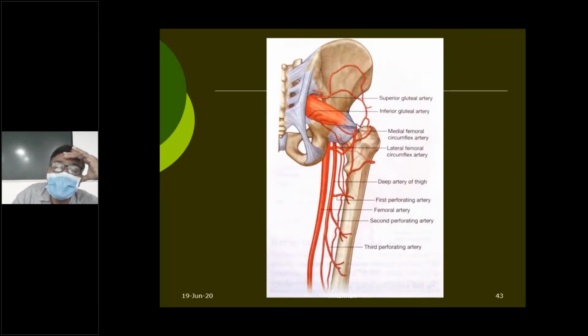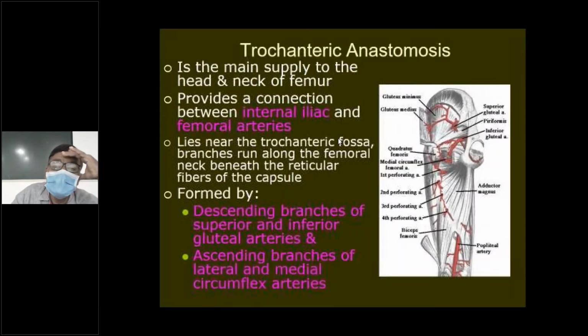Now here are some branches from the gluteal arteries, from the inferior gluteal, from the superior gluteal, as well as from the circumflex femoral arteries. So some arteries anastomose around the trochanter, and this is called the trochanteric anastomosis. Now let us see how it is formed.